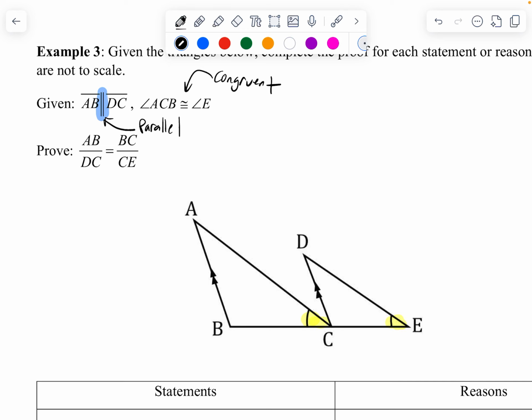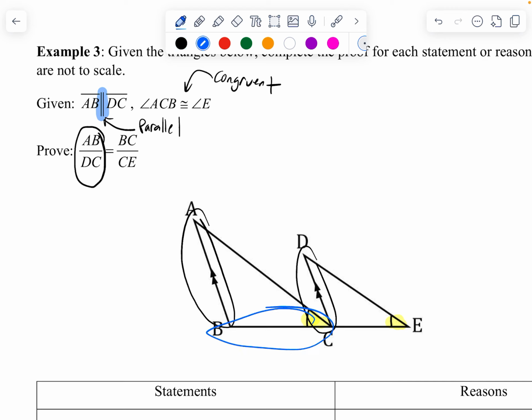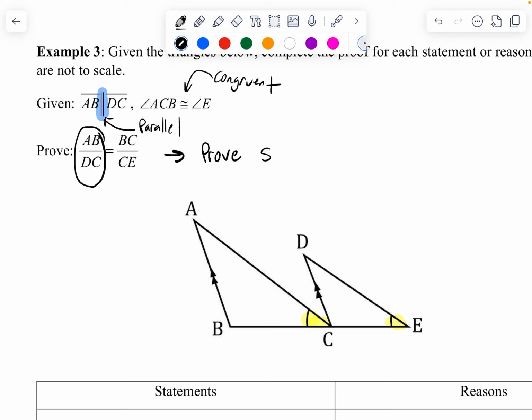All right, now we're proving that a proportion AB over DC equals other proportion BC over CE. In other words, we need to prove that we have proportional sides. Okay, so in English, prove sides are proportional. Now, do we know the sides are proportional?